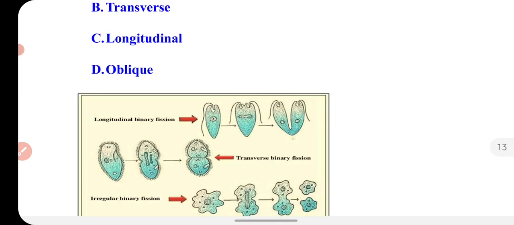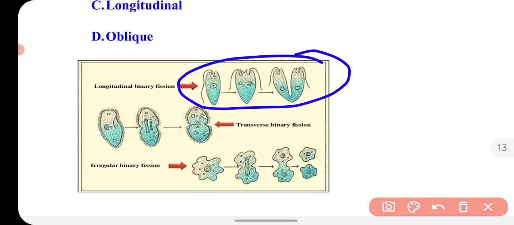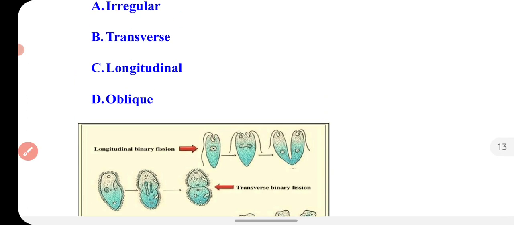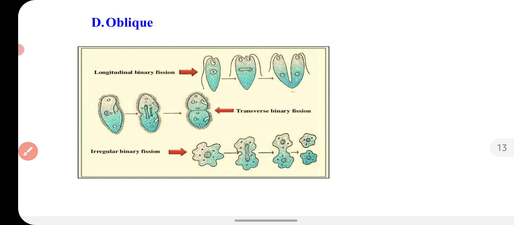So you can see the Euglena here, and the plane of fission, meaning the plane along which it splits into two daughter cells, is longitudinal. While you can see the paramecium shows transverse binary fission, and amoeba shows irregular binary fission because it doesn't have any fixed shape of its cell.